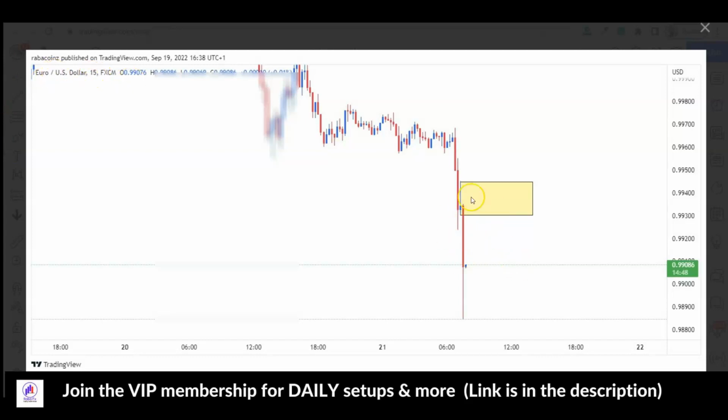You can see all of this here was a fair value gap, and I got the setup. I screenshot it. Okay, I send this out because we want to continue this bearish move. So all we need to do is to wait for price to come back in here, and then we continue. Now all of these are playing zones for the market to induce inexperienced retail traders to engage in the continuation play.